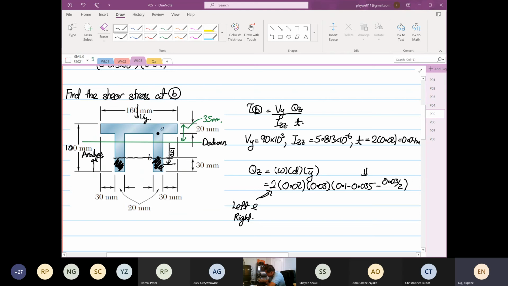So this represents your y bar. Okay, so this will be equal to 2 times (0.1 minus 0.035 minus 0.03 divided by 2) times 0.03 times 0.02. So you get 60 times 10 to the power minus 6 meter cube.